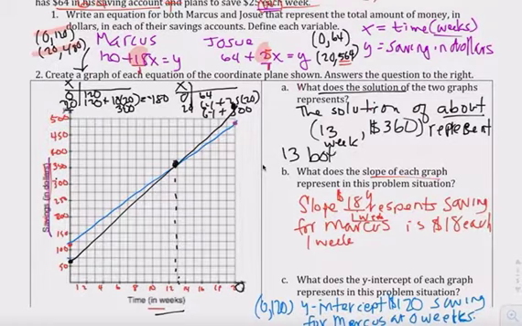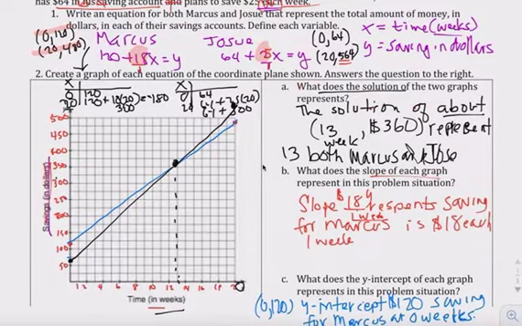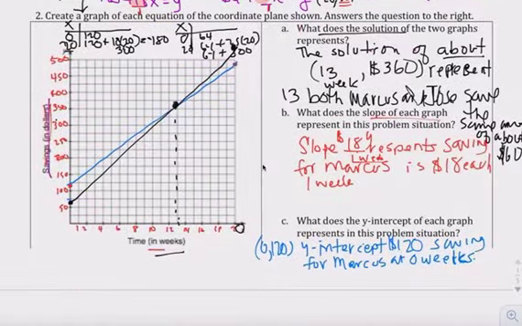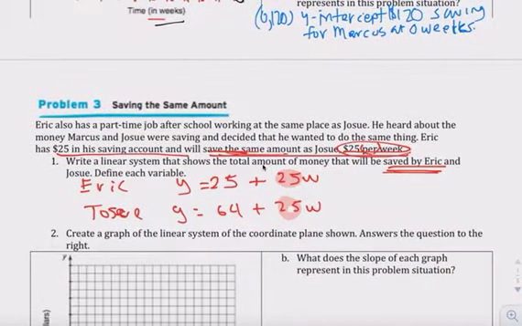Both Marcus and Josue save the same amount of about $360. Okay, we're estimating. We can guess and check like we have in the past, but we don't have time.